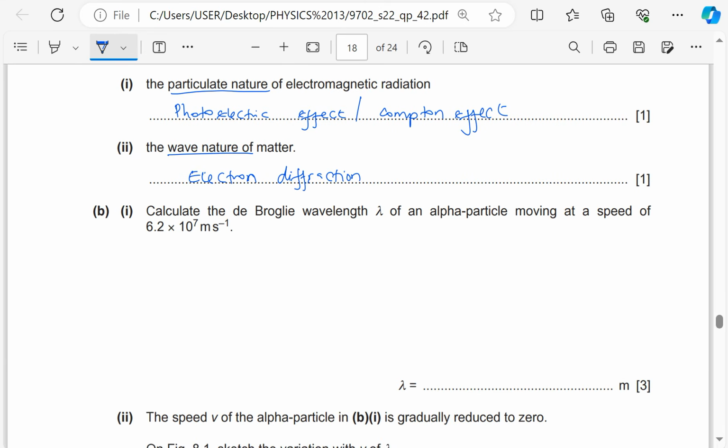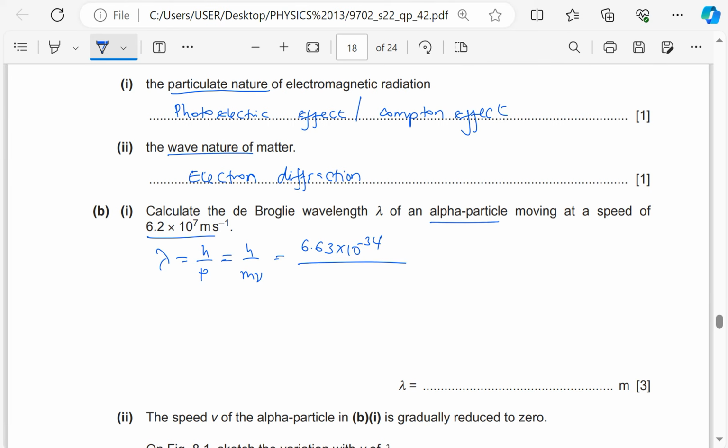Then you calculate the de Broglie wavelength, lambda, of an alpha particle moving at a speed of 6.2 times 10 to the power of 7. So we know that the de Broglie wavelength lambda is equal to h divided by the momentum, which is h divided by mv. That is 6.63 times 10 to the power of minus 34, divided by the mass.